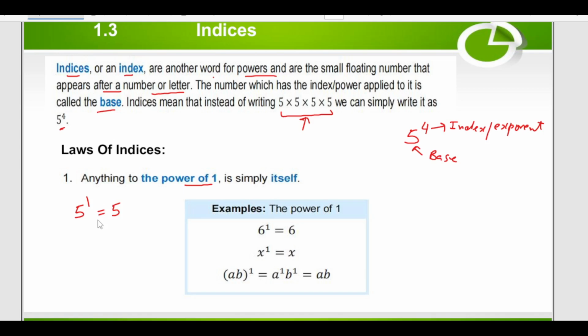So 5 power 1 is 5. Similarly, 6 power 1 is 6, and you can have a letter as well. So x power 1 is x, or if you have two letters a b, then power 1 applies to whatever you have inside, a power 1, b power 1. So then finally we have a b. I hope that is clear now.